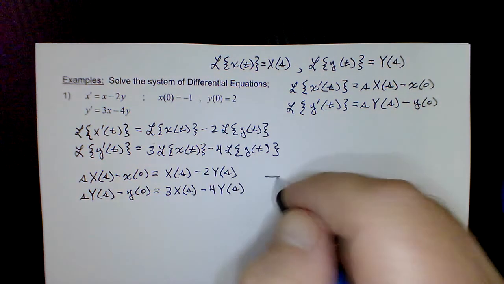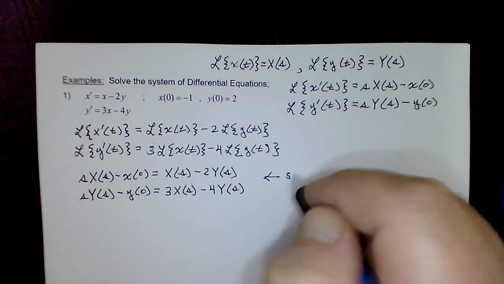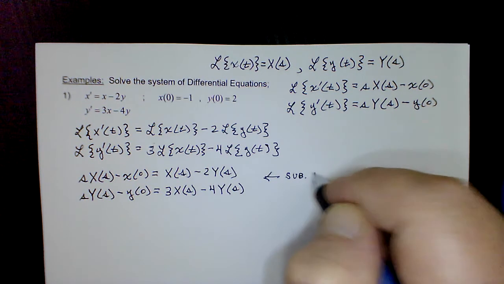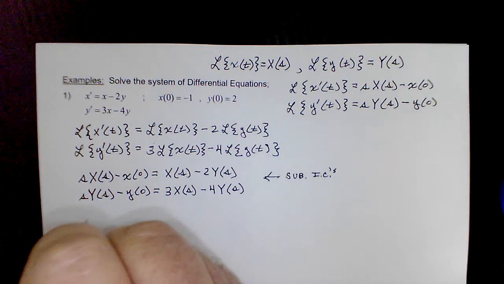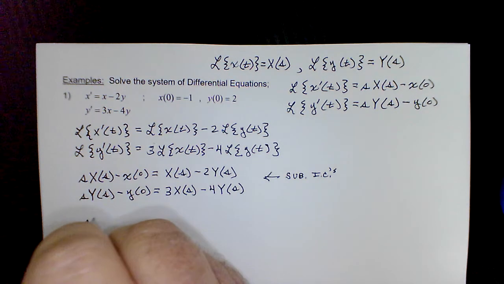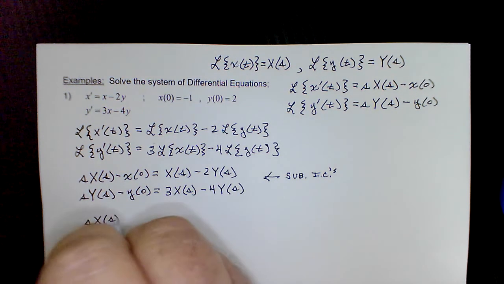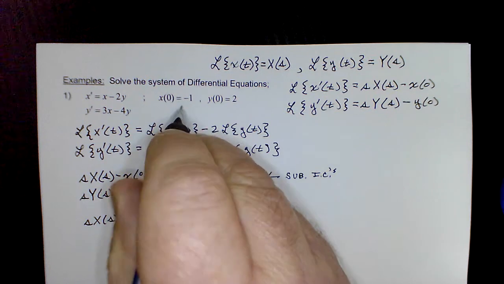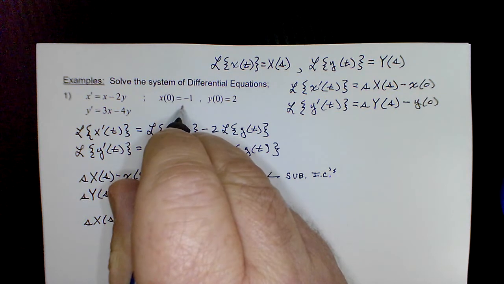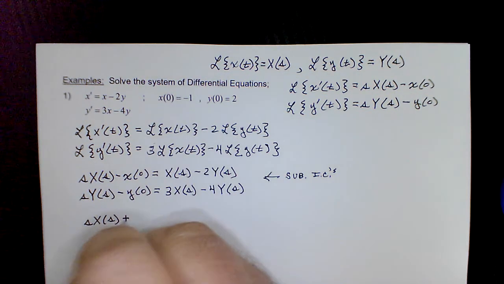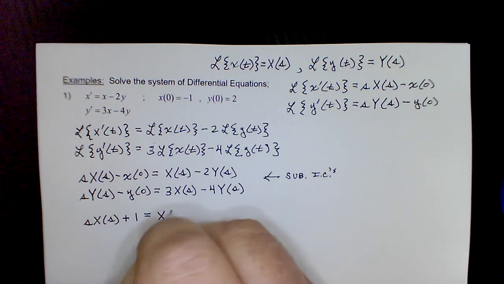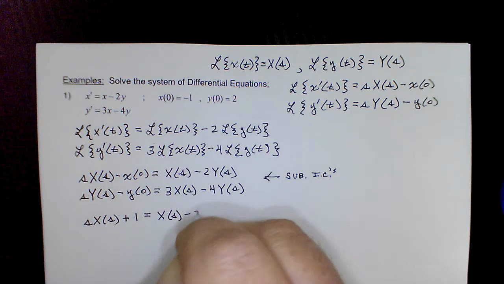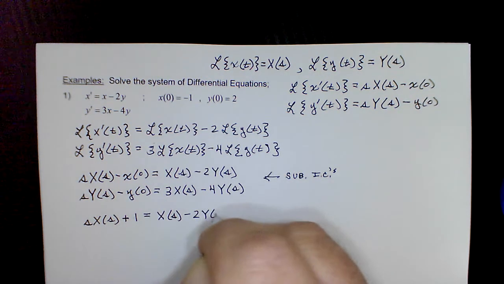Okay, and what you want to do, just as we did before, is substitute the initial conditions now. So we have s X of s minus x of 0, which was negative 1, so more efficiently plus 1, equaling X of s minus 2 Y of s.